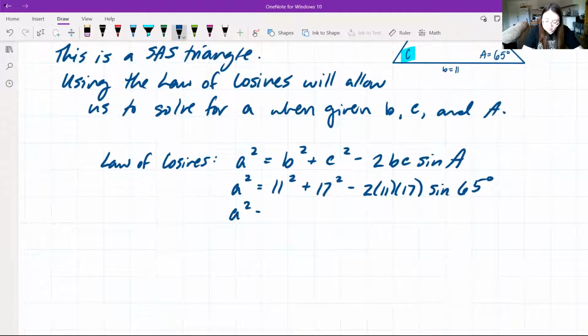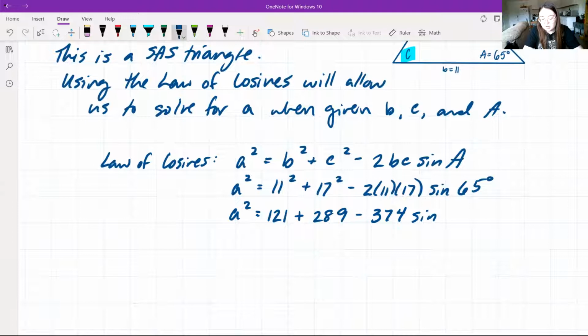Or we can go ahead and solve for each value. 11 squared is going to be 121. 17 squared is going to be 289. 2 times 11 times 17 is going to be 374. And then we have times the value of 65 degrees. Using a calculator and trying not to round as much as possible is going to be the way you'll get the closest answer.